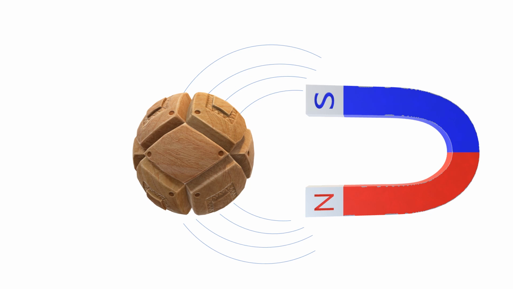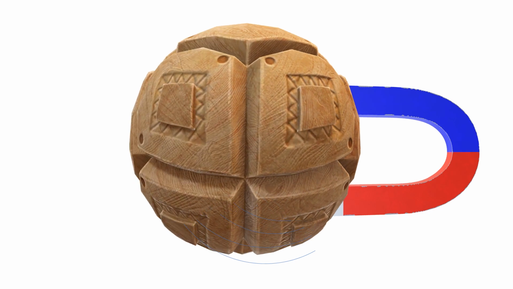That means that it is stopping the electric field from passing through, or we can say that it is opposing the electric field. Now that's actually the resistance. So this wooden ball would be taken as the resistant material.